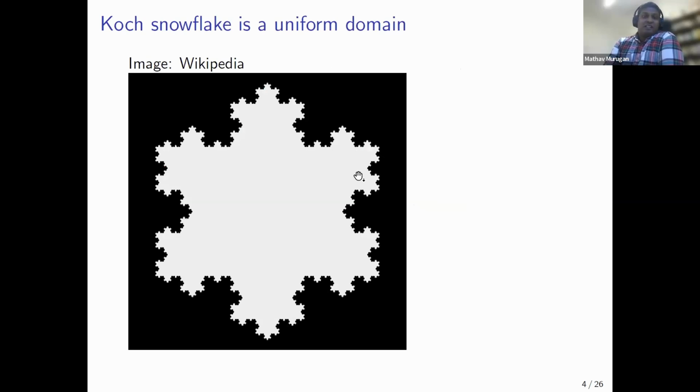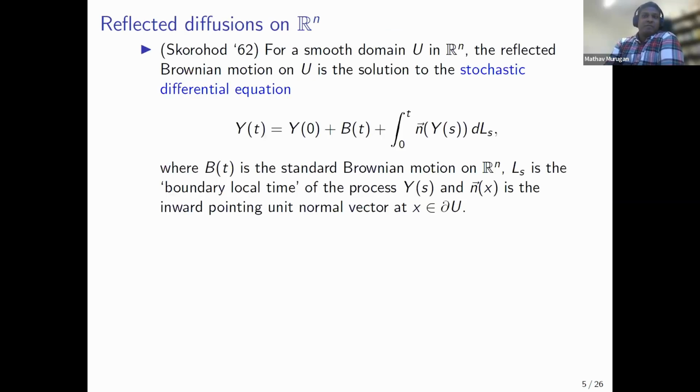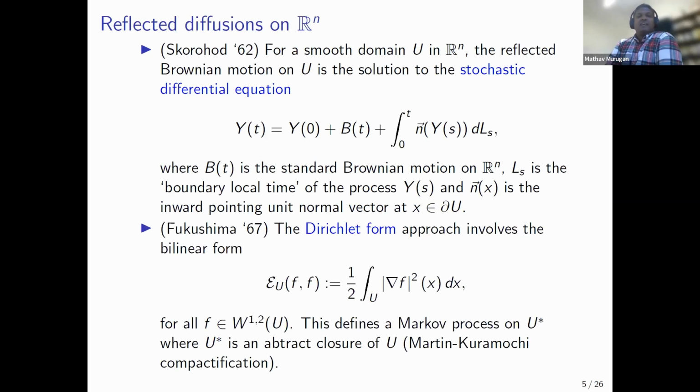But nevertheless, we can define a normally reflected diffusion on this domain using the second approach that I'm going to mention. This is the Dirichlet form approach, which involves this Dirichlet form, or the bilinear form, for the reflected diffusion.